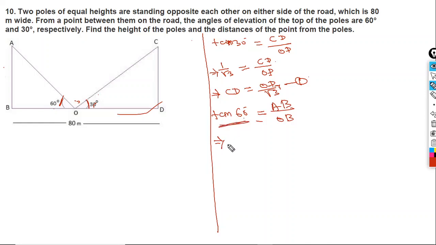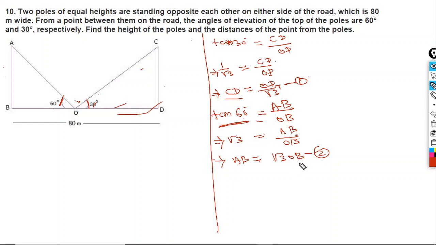You know the value of tan 60 is root 3, equal to AB by OB, implies AB will be equal to root 3 OB. We write it as statement 2. So we have got two statements. One is CD equal to OD by root 3 and AB equal to root 3 OB.